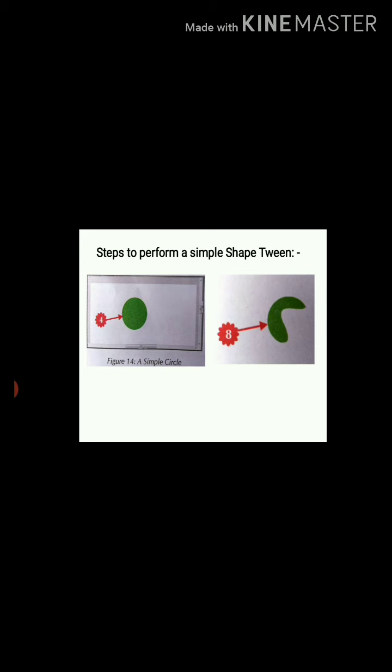Right click inside frame 12 and select Insert Keyframe. Select the selection tool. Place the cursor near the outer edge of the circle as shown.